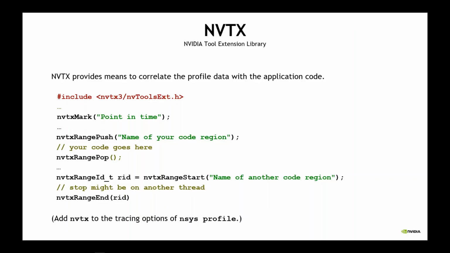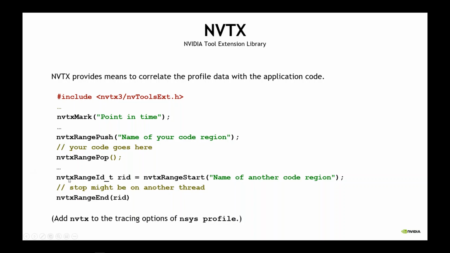NVTX is NVIDIA's API for code annotation. It's header only, so you don't need to link any additional libraries. You can just include the header file shown here in the first line of the code snippet. And it allows you to mark a point in the code with this nvtxMark function, or annotate code regions with nvtxRangePush and nvtxRangePop ranges or nvtxRangeStart and nvtxRangeEnd ranges.